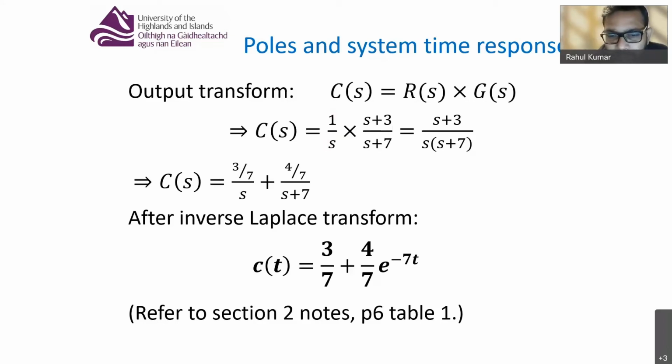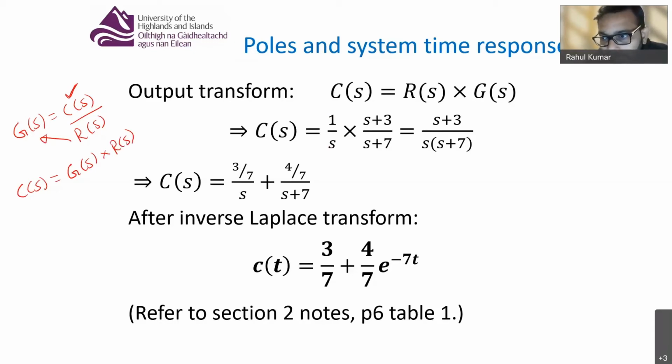Just to recollect from the previous class, the transfer function is the output C of s divided by the input R of s. So if we have to calculate the output, that is C of s, I will multiply the transfer function by the input.